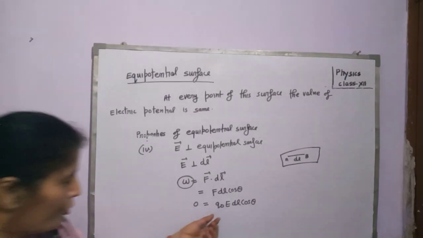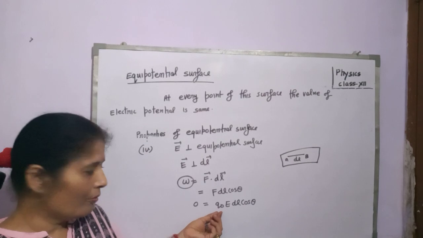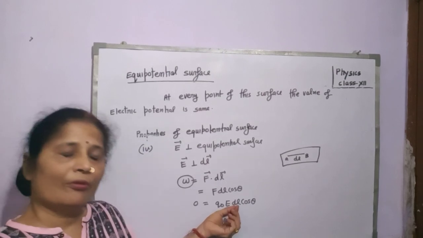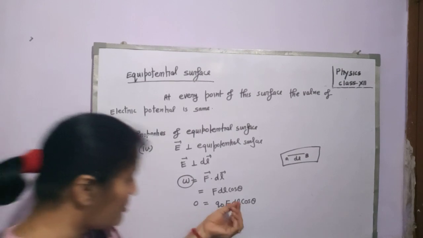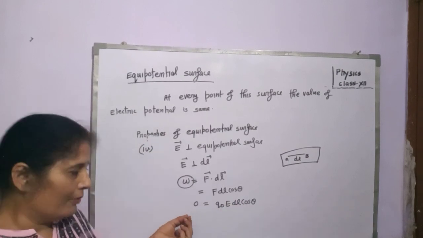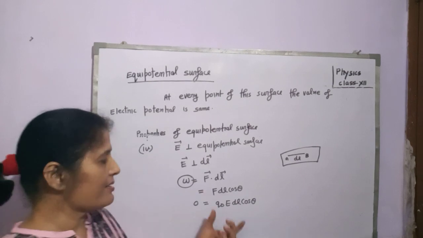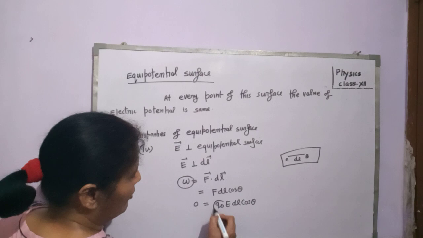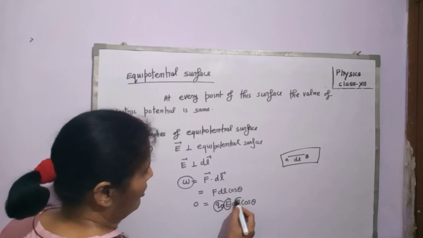Now Q naught cannot be equal to 0, E cannot be equal to 0, dl cannot be 0. Then which factor must be equal to 0? Because the left hand side is 0, the right hand side must be equal to 0. Neither Q naught is 0, nor E is 0, nor dl is 0.